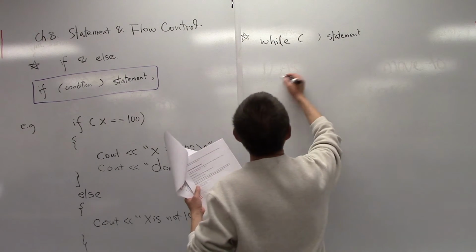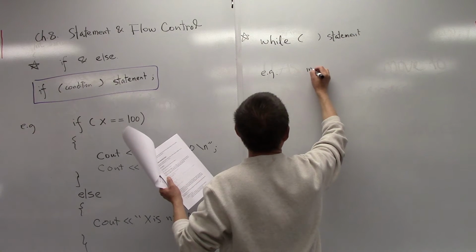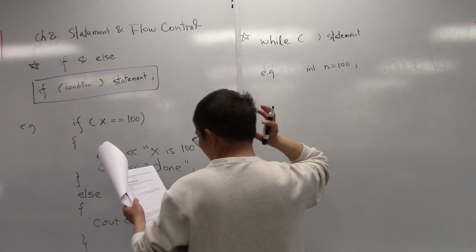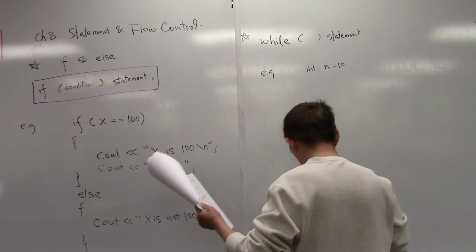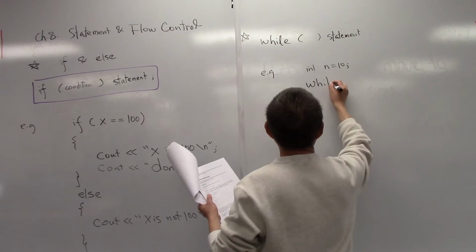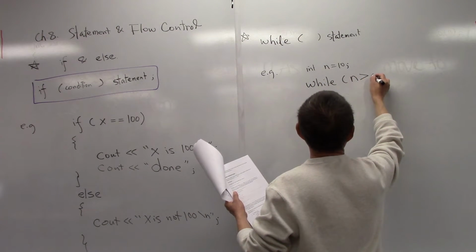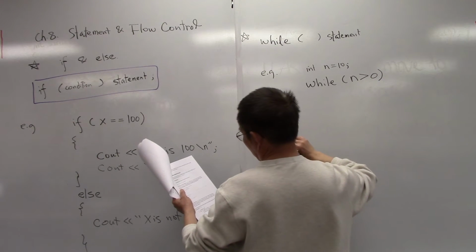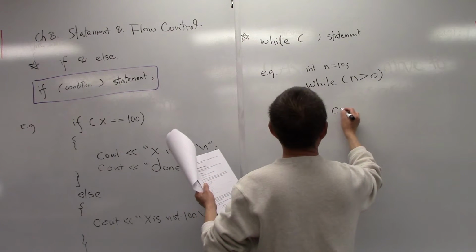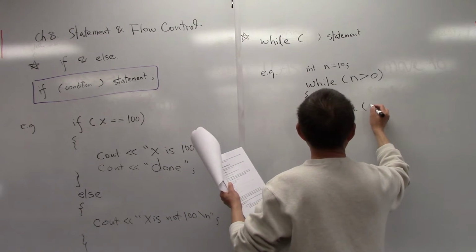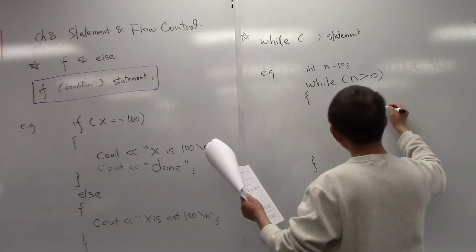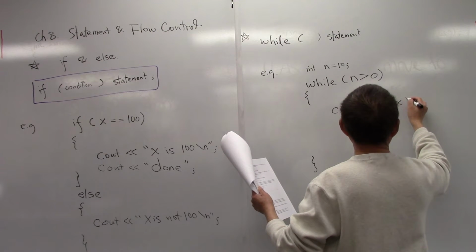Let's say, for example, we declare an integer n which has the initial value of 10. And here we say while n is larger than 0, cout n, less than less than.